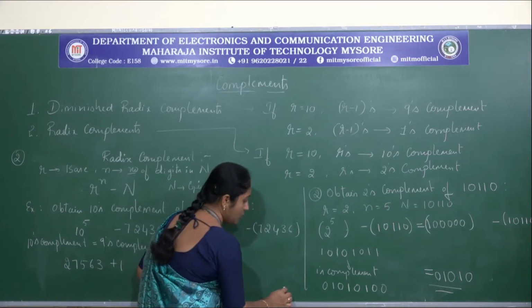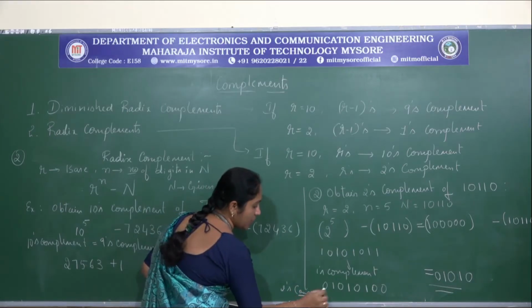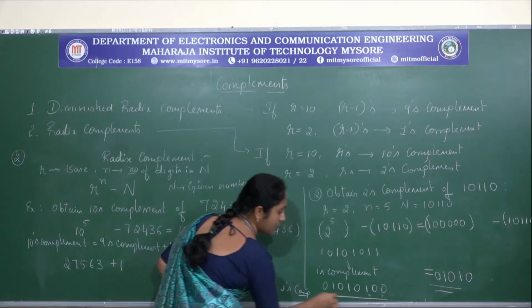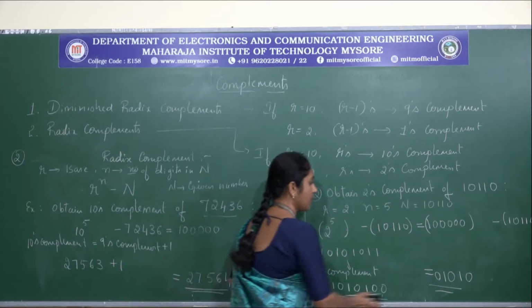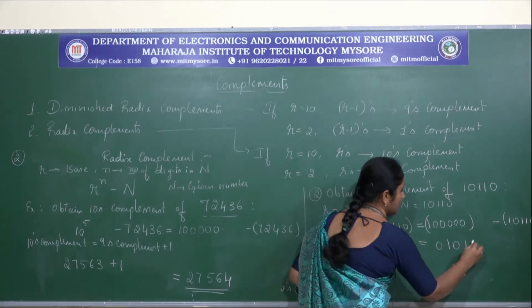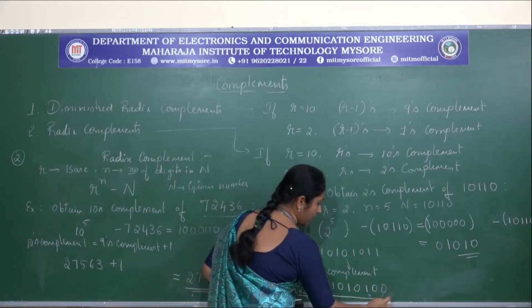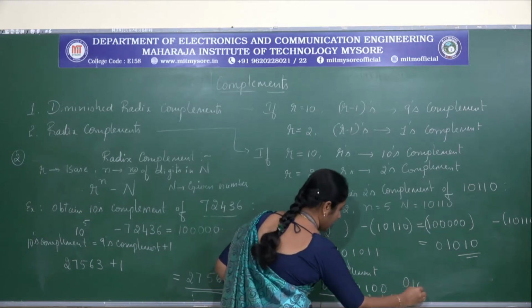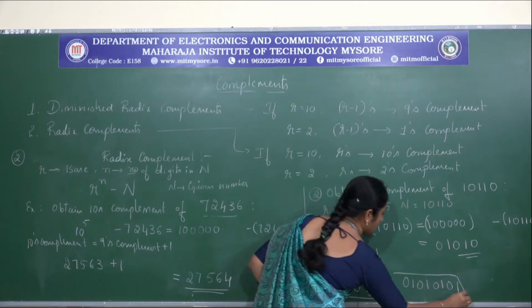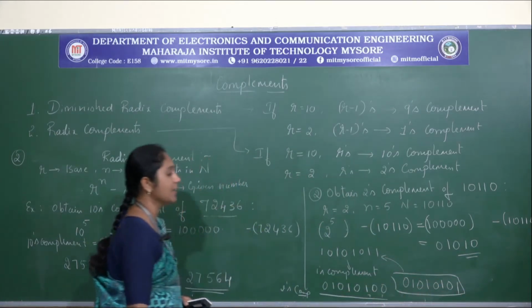So in order to obtain 2's complement, we need to add plus 1 to this. Result of this 2's complement is 0 1 0 1 0 1 0 1. This is the 2's complement of this string.